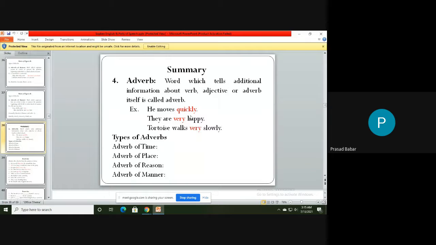For which division? For B division. Okay. Just a second. Due to the network problem, it is happening.